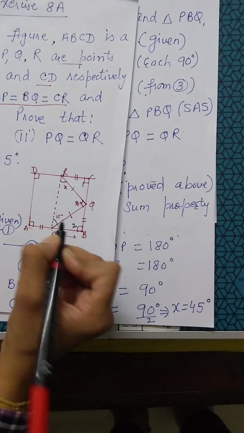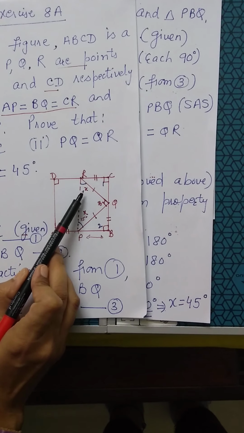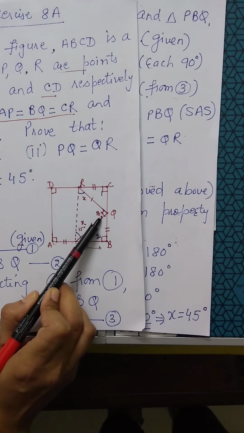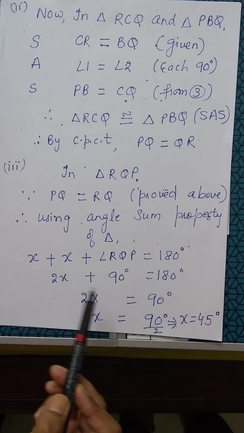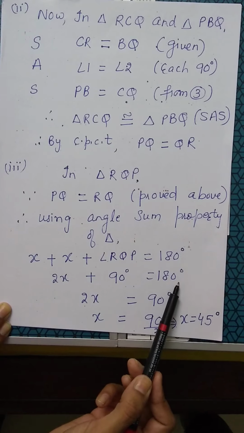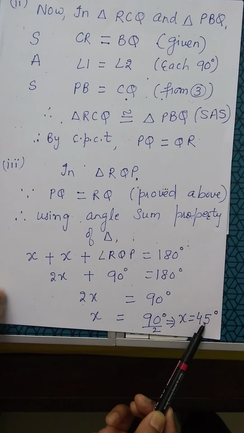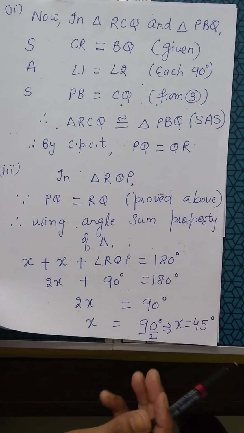I will let this angle be X and this angle also X. So using angle sum property, X plus X becomes 2X, plus 90 is equal to 180. And from here, X comes out to be 45 degrees. That means angle QPR is 45 degrees, hence proved.